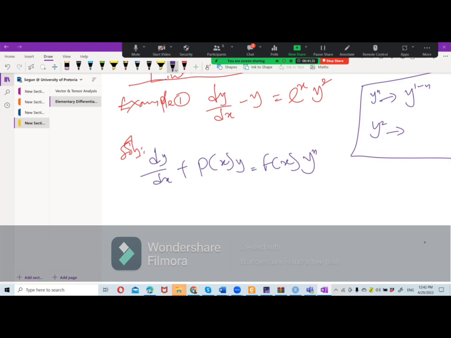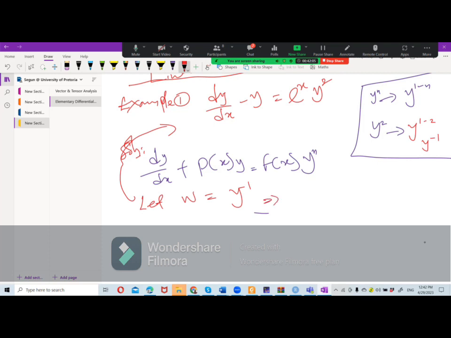Our w is going to be 1 minus 2, so you have -1. So we said, I'm going back to the question now, solving the problem: w equals y raised to power -1.